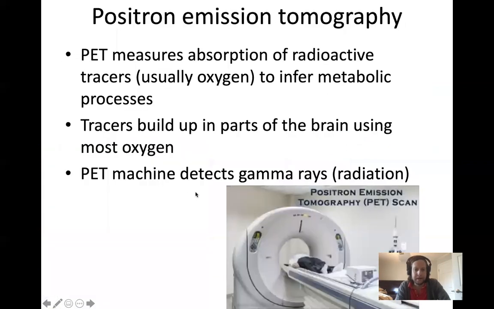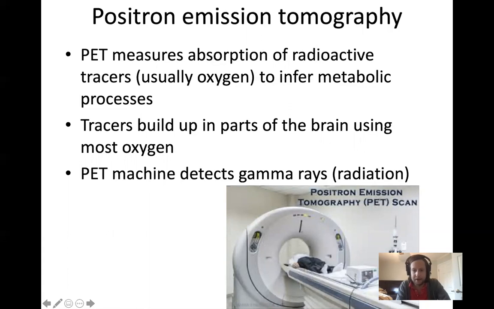Okay, so the next imaging method here, another functional imaging method, is positron emission tomography. In my mind, fMRI and PET obviously are different in the way they work, but they have a lot in common in the sense of what the data looks like when they're done. Just like fMRI, even the machine itself looks somewhat similar for a PET scan.